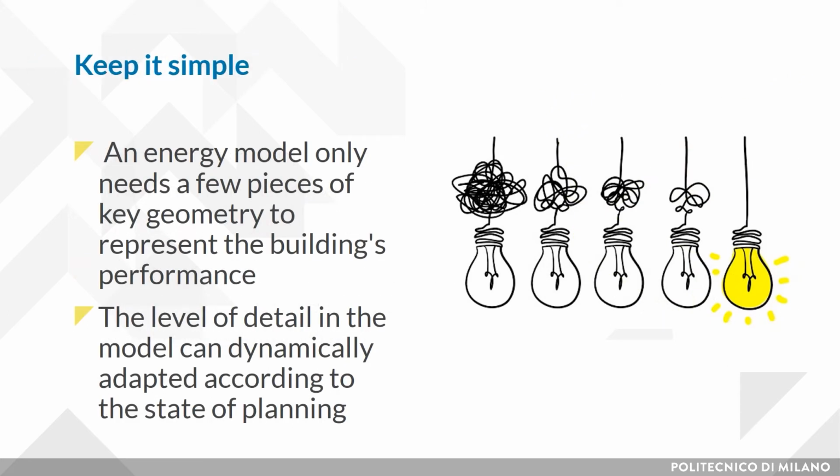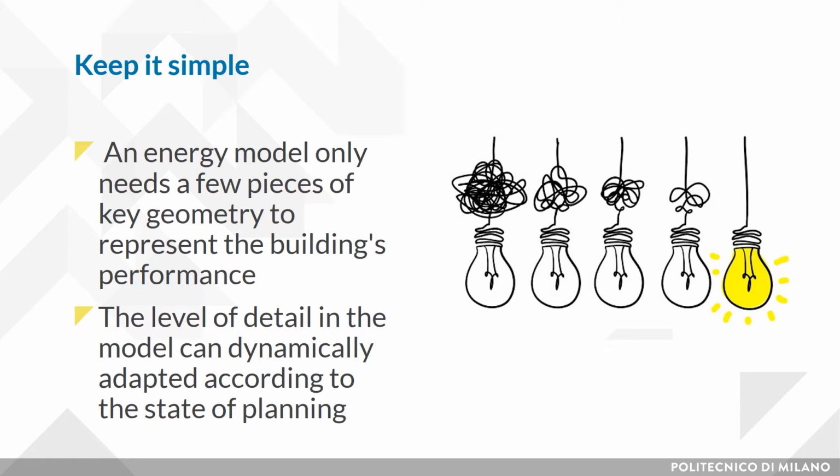Keep it simple. An energy model only needs a few pieces of key geometry to represent the building's performance. Once the exterior shell, internal surfaces, and shading elements are properly built, the model is ready to be analyzed.